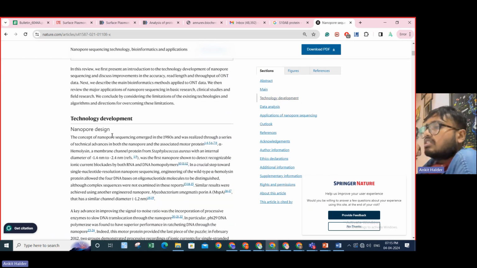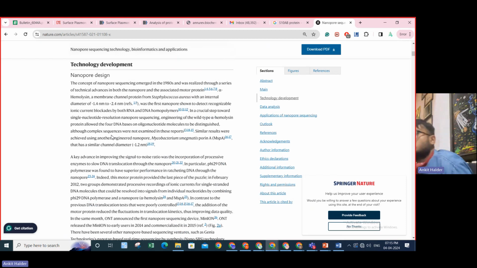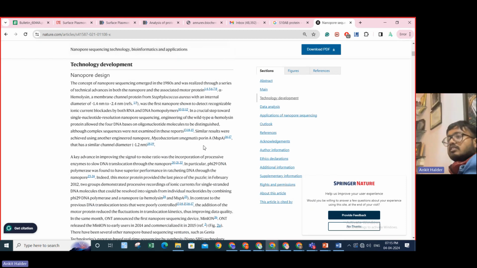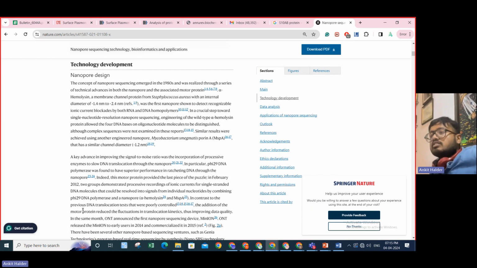Technology development, nanopore design. The concept of nanopore sequencing emerged in the 1980s and was realized through a series of technical advances in both the nanopore and the associated motor protein.